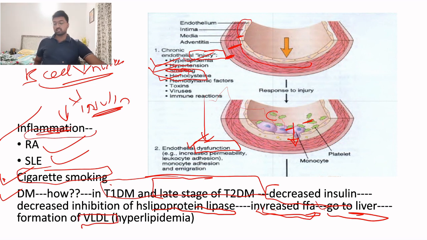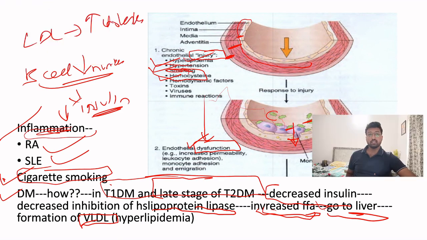See, I just now a few slides back I mentioned that LDL means high cholesterol. Okay, LDL is full of cholesterol. LDL is a lipoprotein. Lipoprotein means lipid plus protein. Lipid part of LDL is cholesterol. When we talk about VLDL, it carries more of triglycerides.